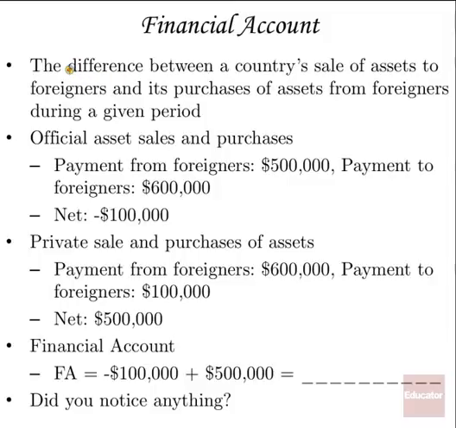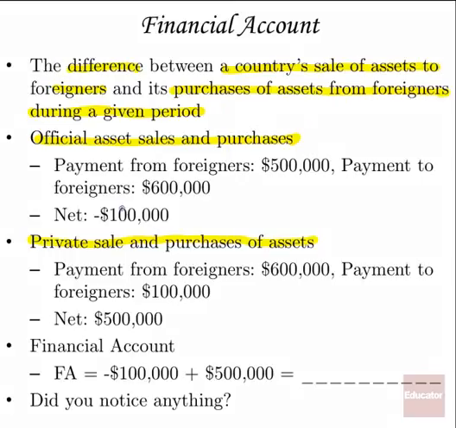So the financial account is the difference between a country's sale of assets to foreigners and its purchases of assets from foreigners during a given period. Okay, so you have official assets and purchases, and you have private sales and purchases of assets.